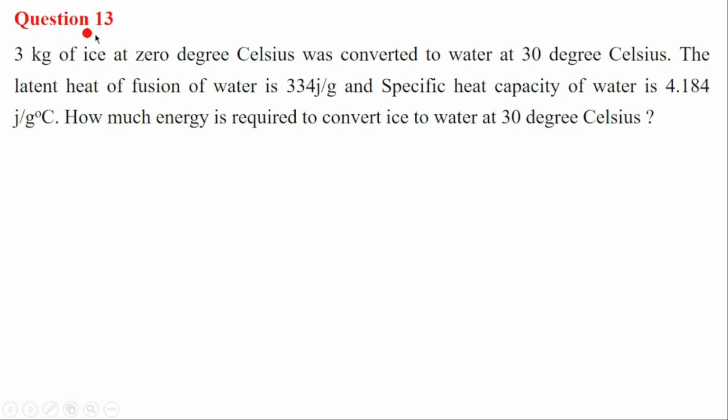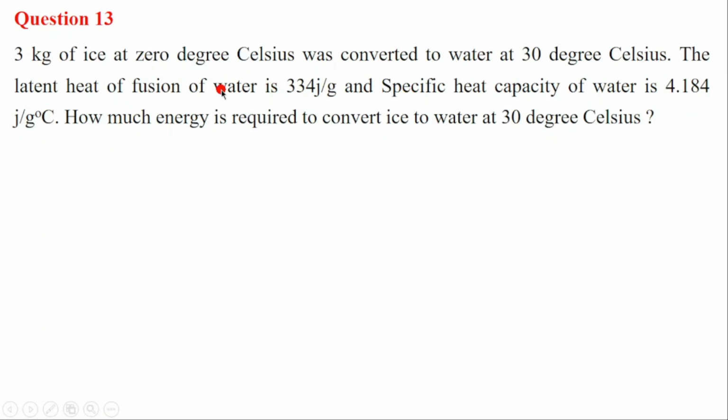Let's go to another question, number 13. Number 13 says 3 kg of ice at 0 degrees Celsius was converted to water at 30 degrees Celsius. But the ice at 0 degrees Celsius has to melt, producing water at 0 degrees Celsius, before the temperature increases to 30 degrees Celsius.